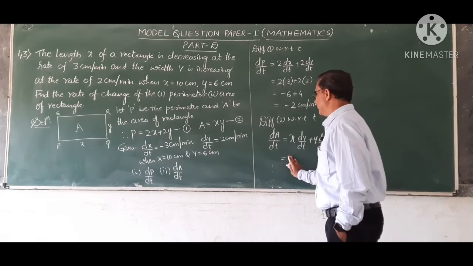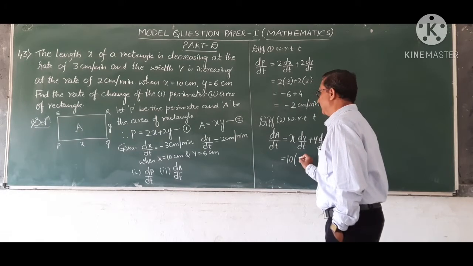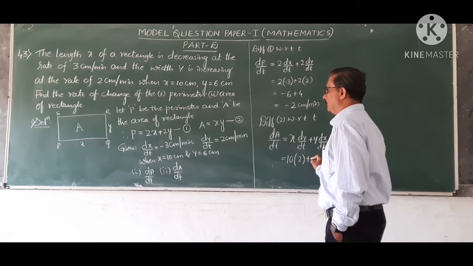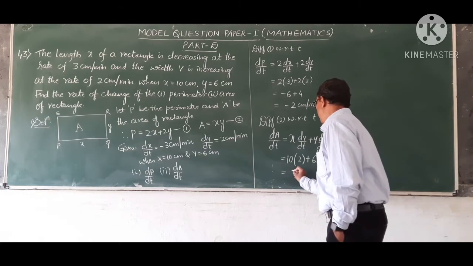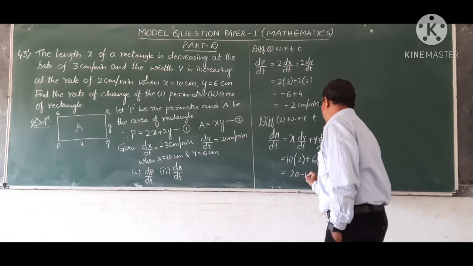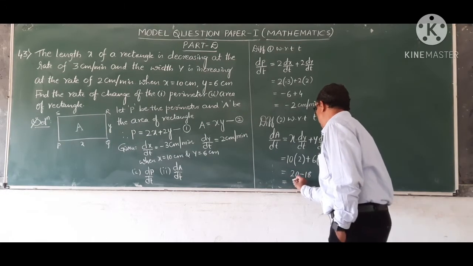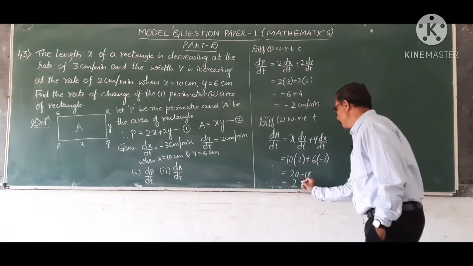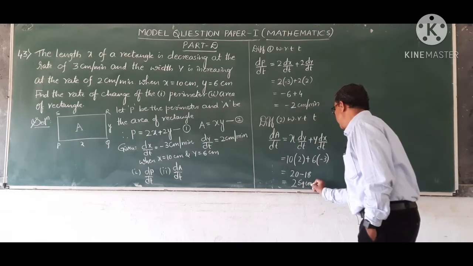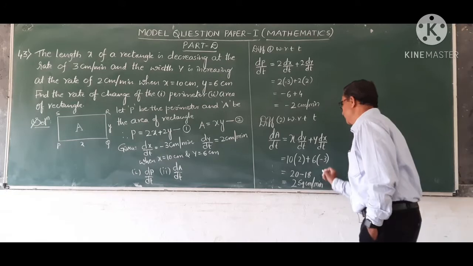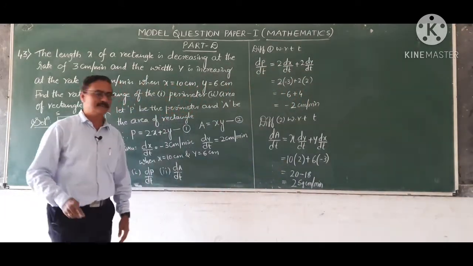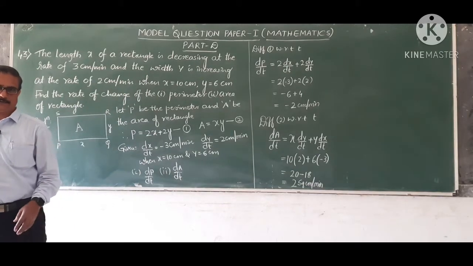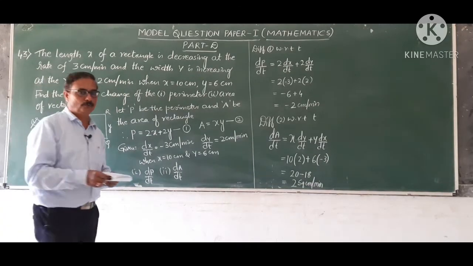Substituting the values, x is 10, dy by dt is 2, y is 6, dx by dt is minus 3. 10 twos are 20, minus 6 threes are 18, 20 minus 18 is 2. The unit is square centimeter per minute. So the rate of change of area of the rectangle is 2 square centimeter per minute. This is problem number 43.